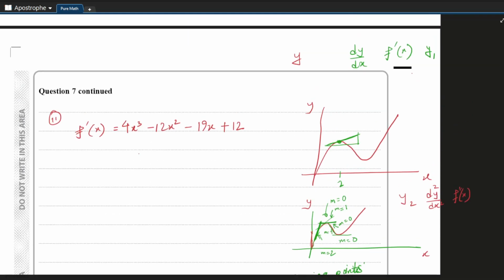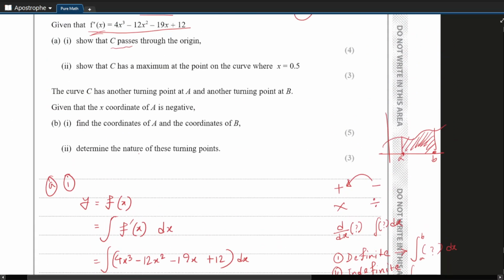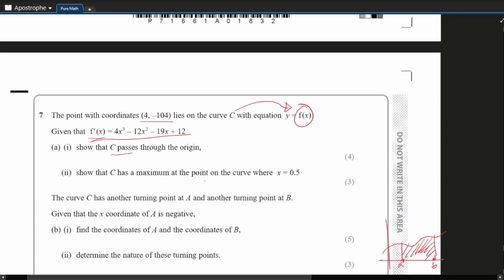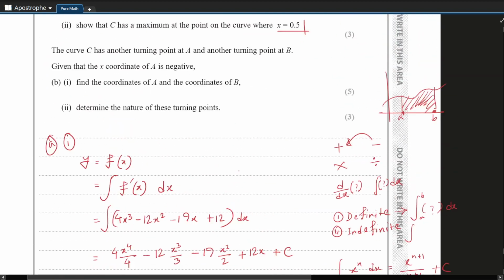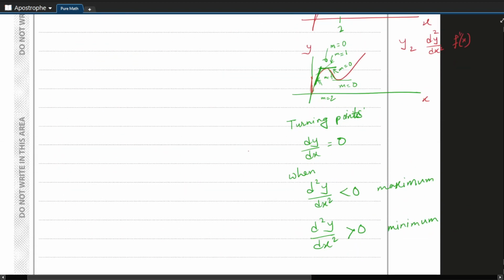So the question says show that C has a maximum point at the point on the curve where x is equal to 0.5. In order to do that, there are two things.